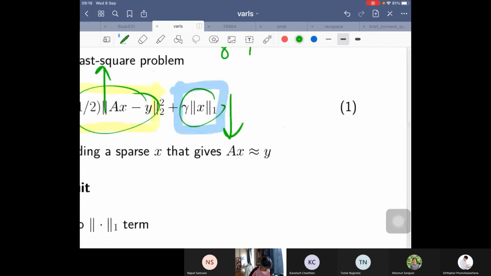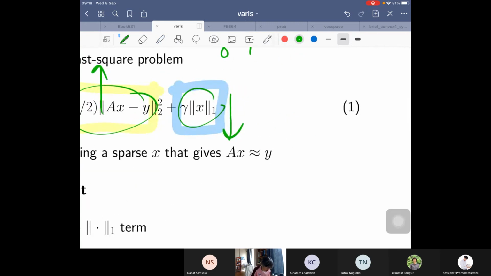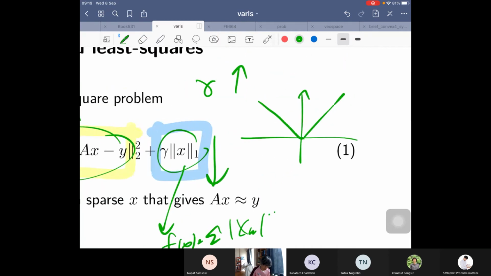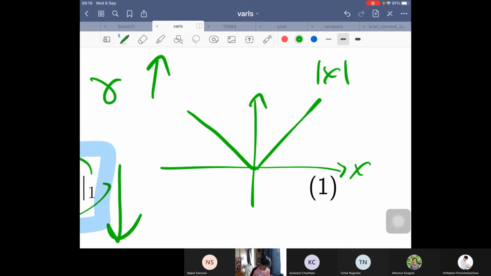Why is it non-differentiable? Because the L1 norm is a sum of magnitudes of x_k, and the absolute value function is non-differentiable at 0.